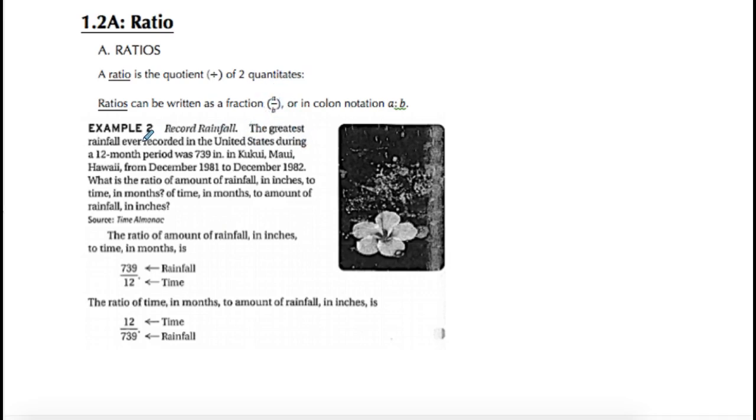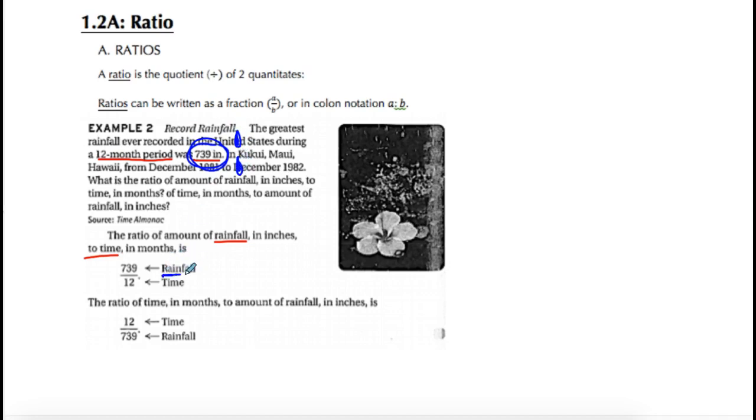So the greatest rainfall ever recorded in the United States during a 12-month period was 739. Okay, so if we look at that and we know we have a 12-month period, when we want to find the ratio of rain to time, this is the rain, this is how much rain.